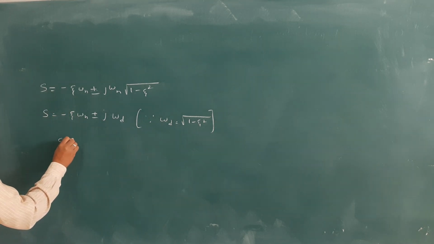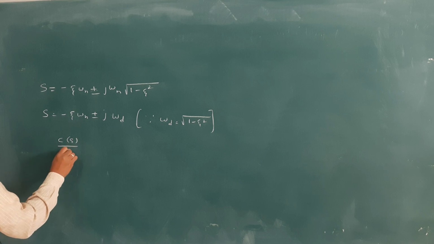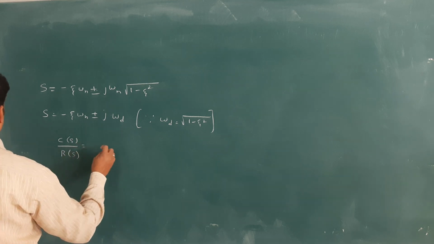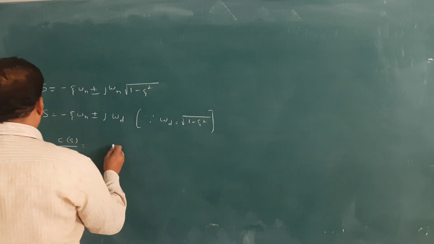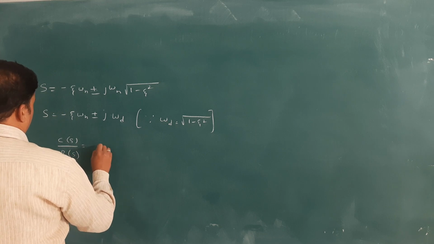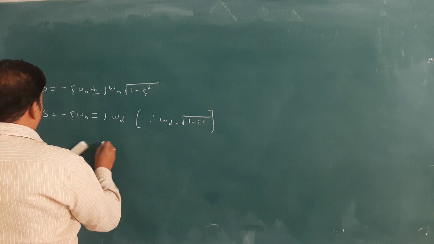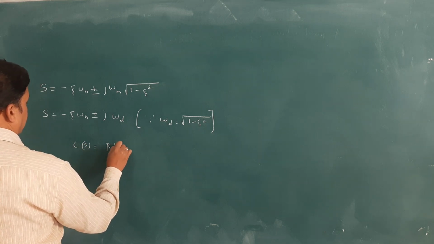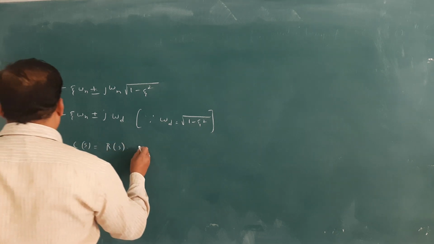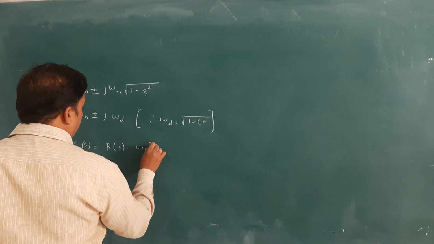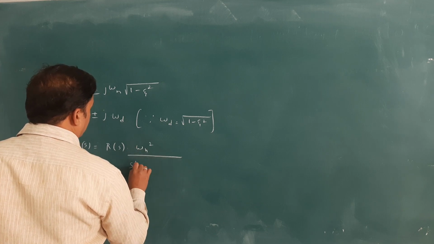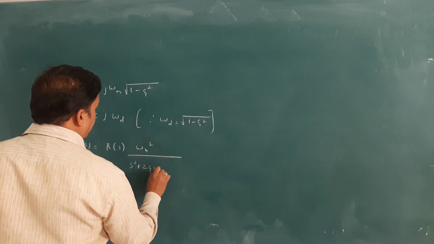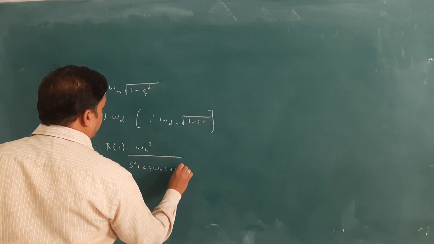So C of s by R of s is equal to omega n square by s square plus 2 zeta omega n s plus omega n square.